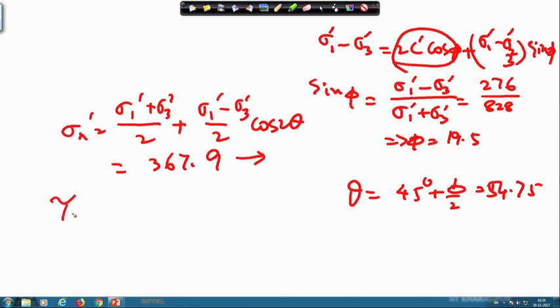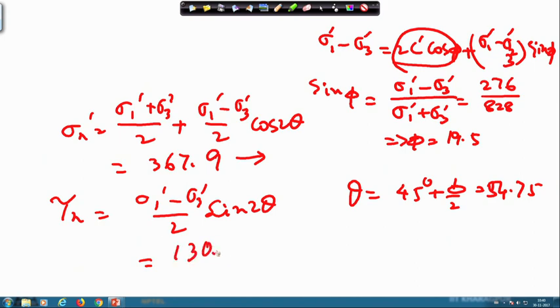Similarly our expression for tau n is sigma 1 dash minus sigma 3 dash by 2 sin 2 theta, and if I put the values, you will get 130.08. So by the graphical method, graphical and geometry together, and the analytical method, we are getting identical values.